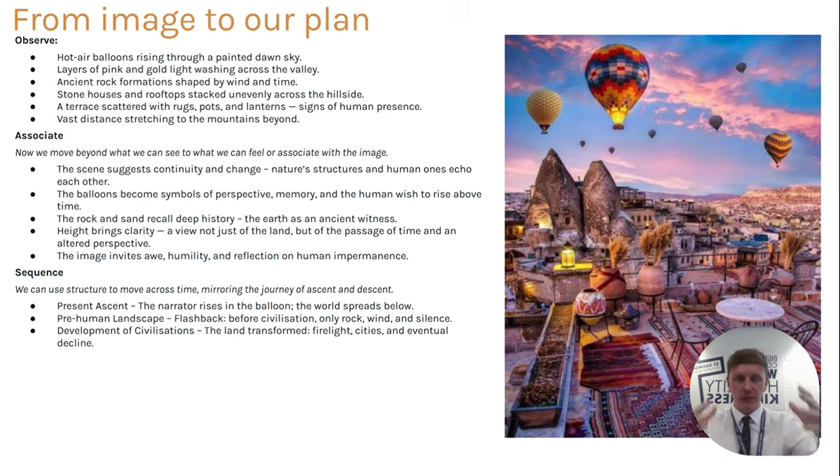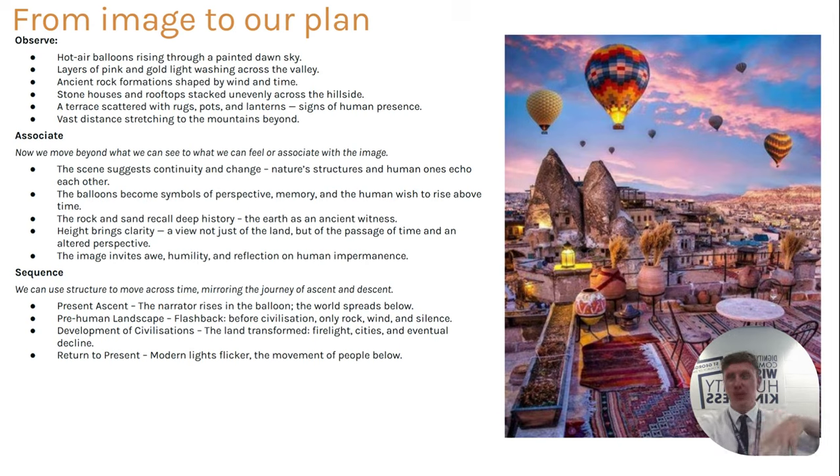Then the development of civilizations, the transformation of the land, the way that human beings shape the land to our purposes as a species, the rise of cities, the rise of civilizations, and obviously the inevitable, almost cyclical rise and fall of civilizations over centuries.